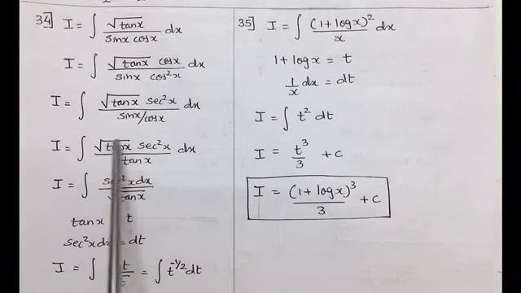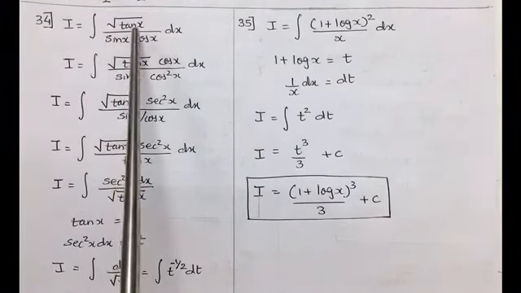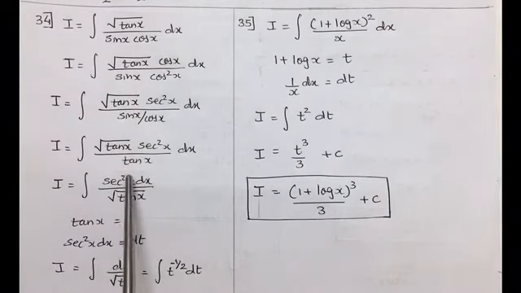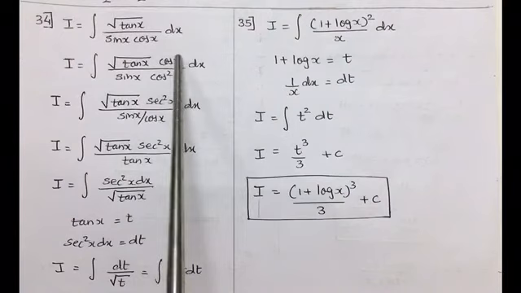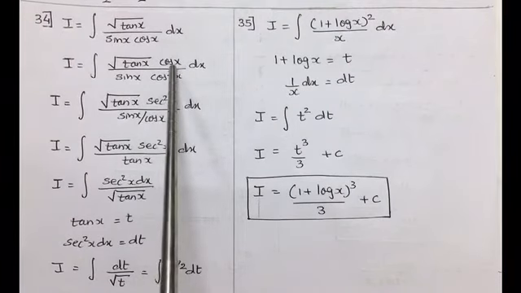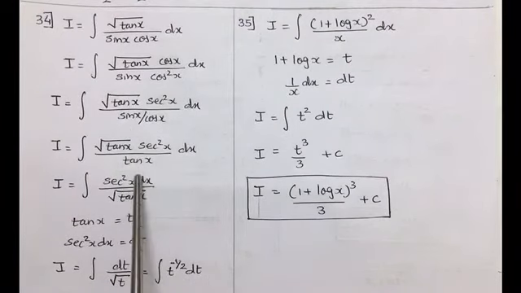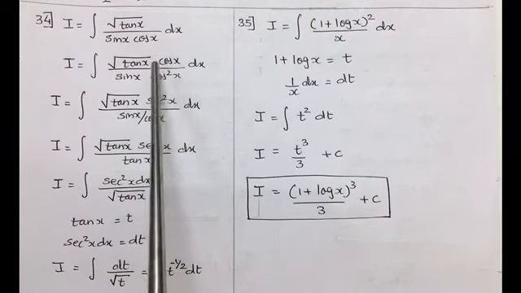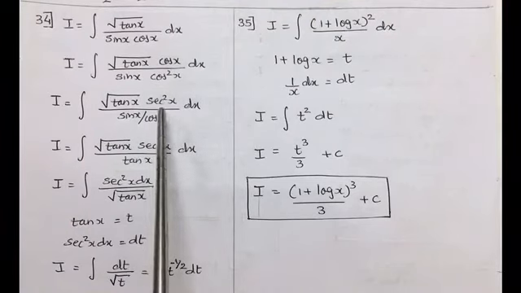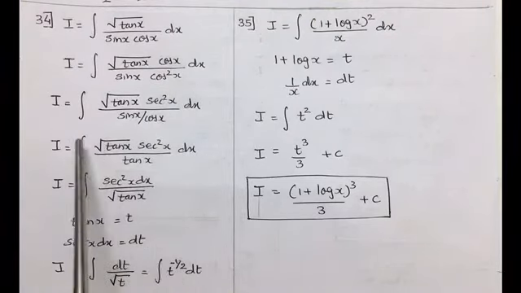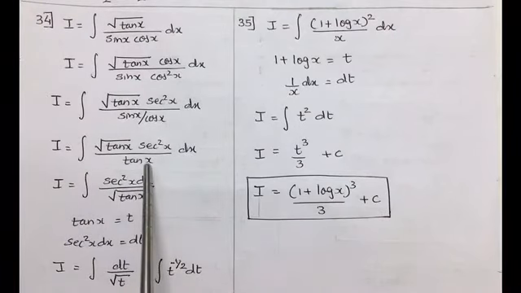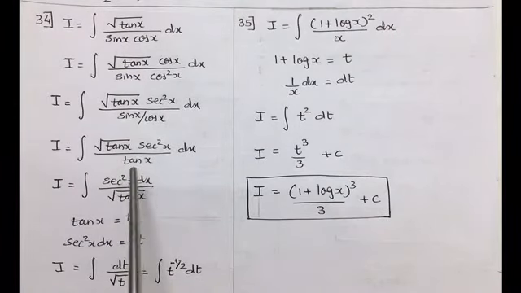So we get root of tan x as it is, whatever is given in the question. The adjustment of sin x upon cos x for the extra cos x being taken up here, so that is tan x. 1 upon cos square x gives sec square x. So this is the adjustment for integrating root tan x.